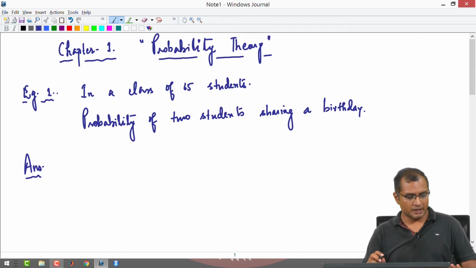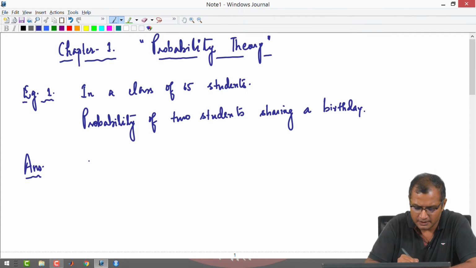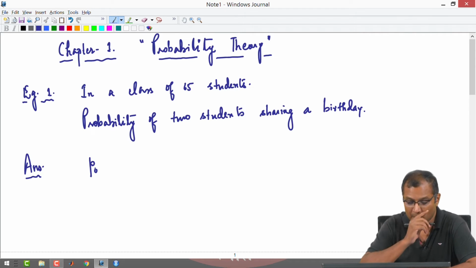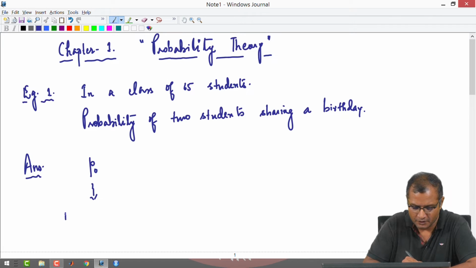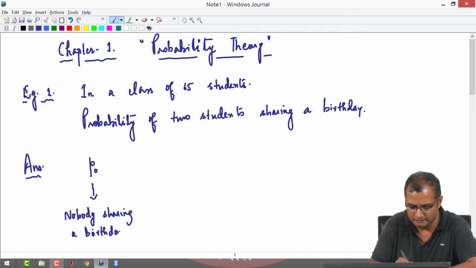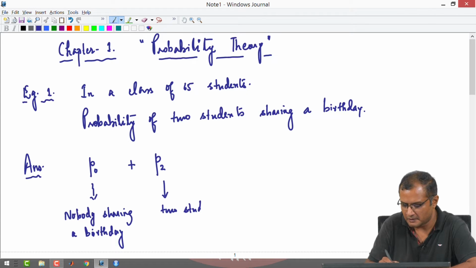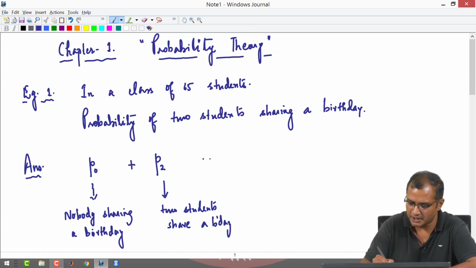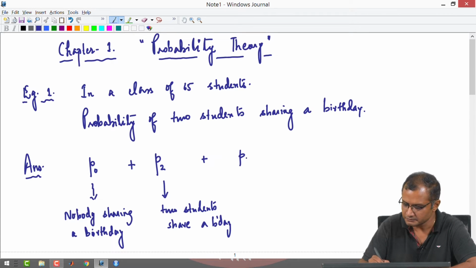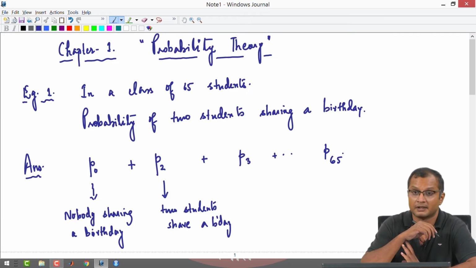Okay. So, this problem can be done objectively, in the sense that let us say you have P0 as the probability of nobody sharing a birthday, which means all the 65 students have different birthdays, plus the probability that two of them share a birthday, and this way you take 3 of them, 4 of them, and so on, all the way to all 65 of them sharing their birthdays.